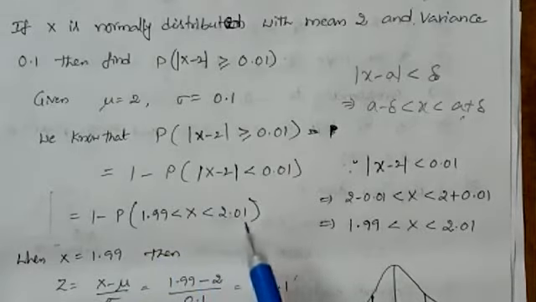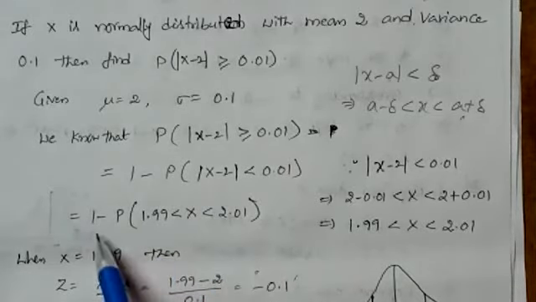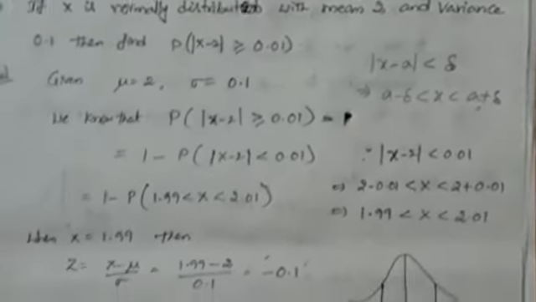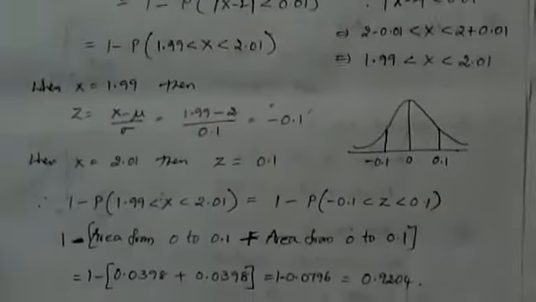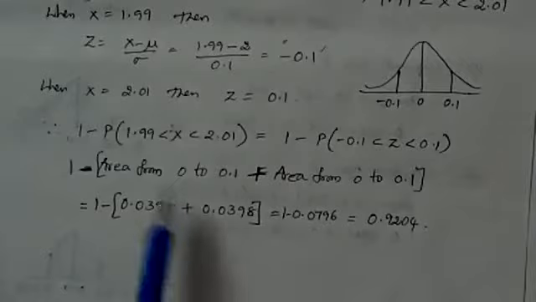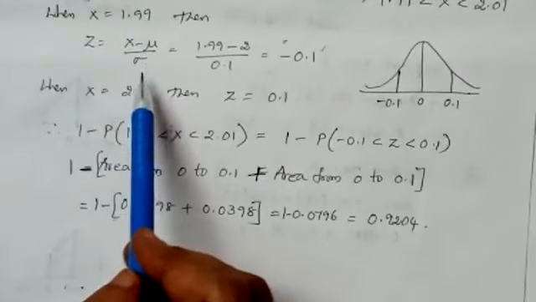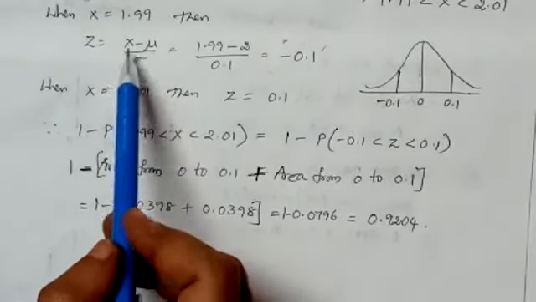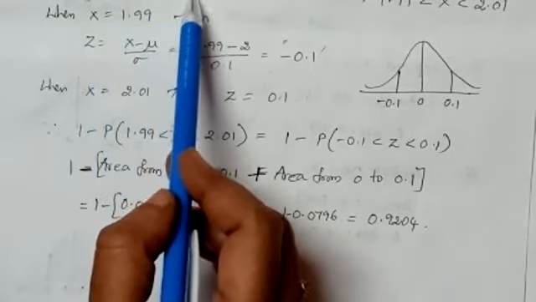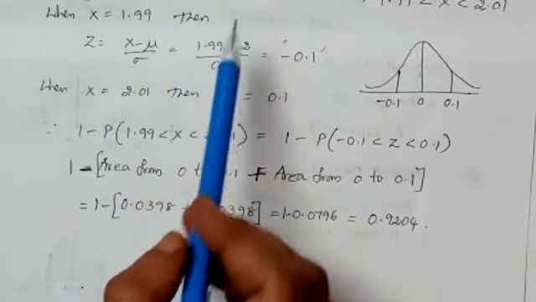Whenever the probability is in terms of x values, you have to convert this x to the standard variate. So the standard normal variate is z equal to x minus mu by sigma. Here we have two x values, one is 1.99, the other is 2.01.